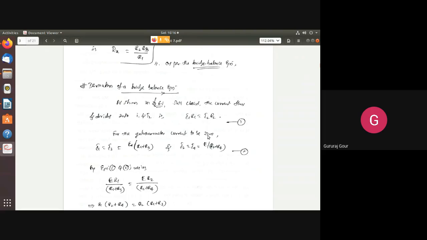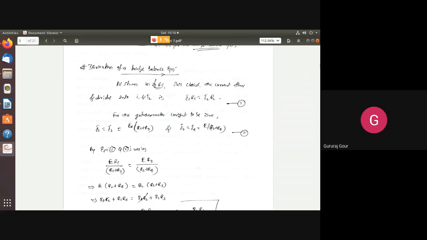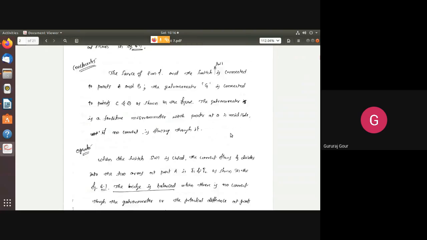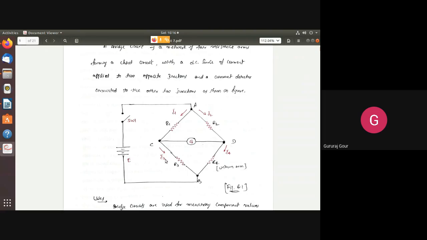For the galvanometer current to be 0, only when the galvanometer current is 0, we can say that the bridge is balanced. Otherwise, it is imbalanced. It is showing some deflection. So we can write two currents here, one is this I1 and I3.